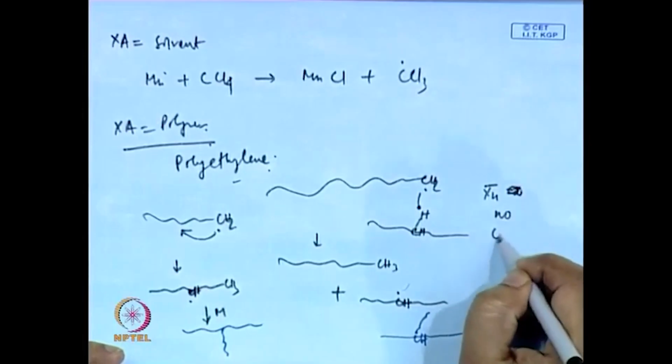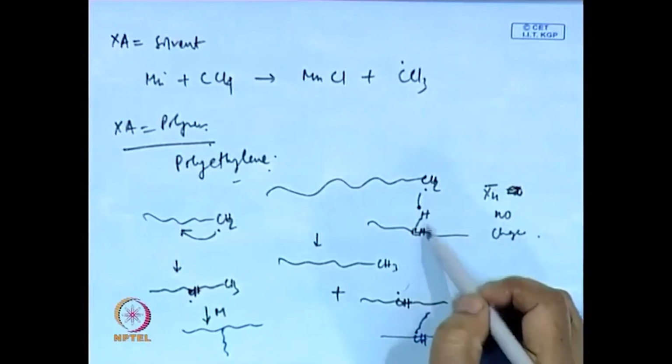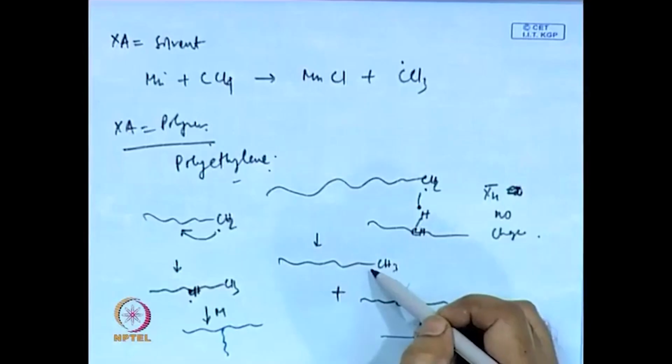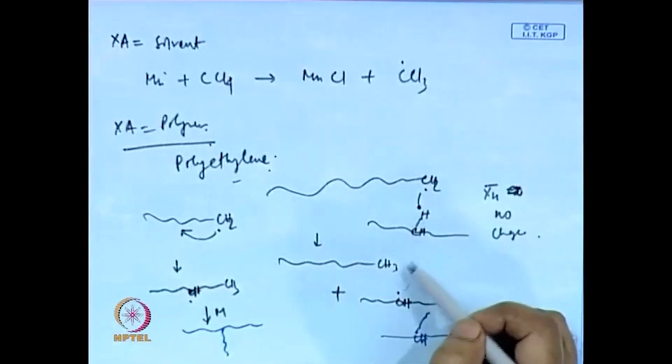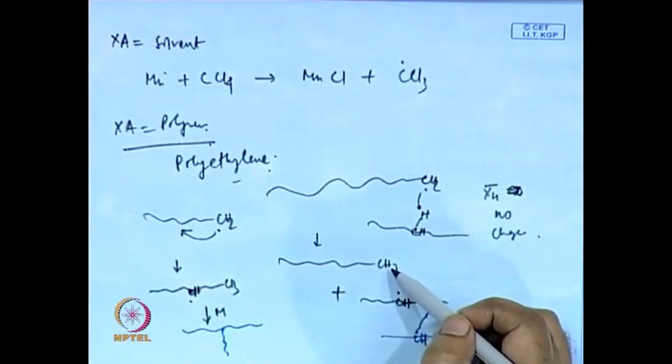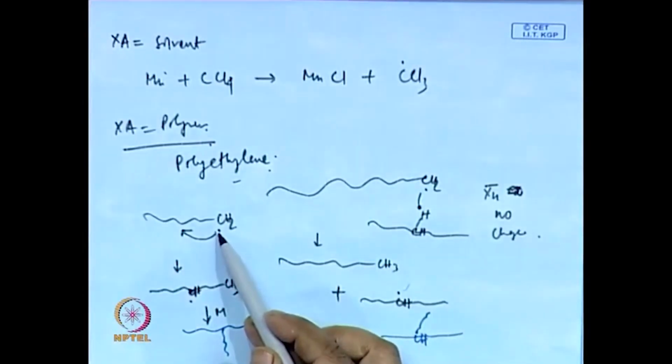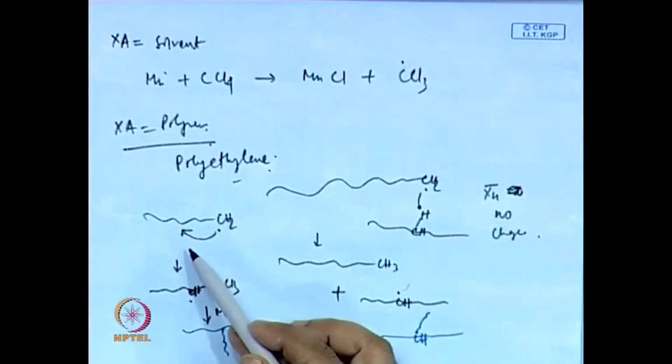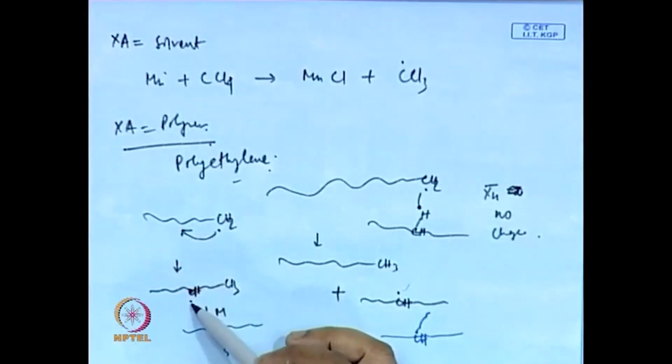You have started with two polymer chains, when the transfer happened you have the same one kinetic chain and one dead polymer chain. In the intramolecular backbiting case, you also end up with one kinetic chain.